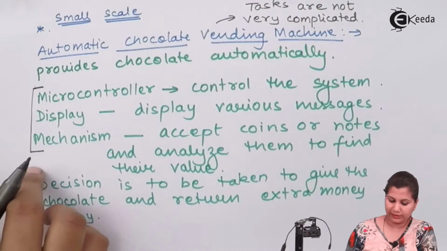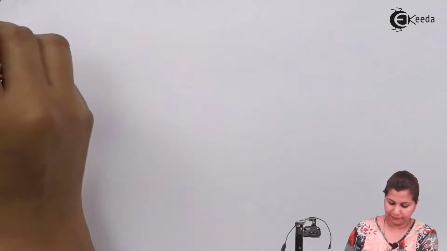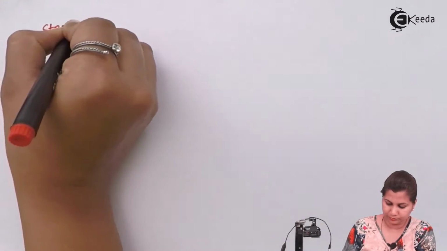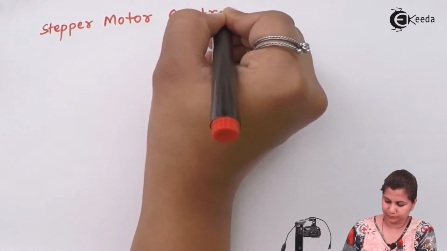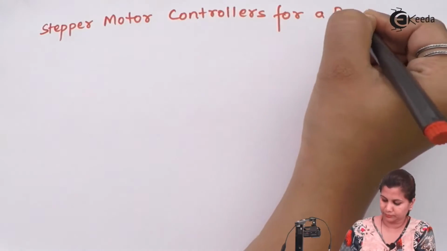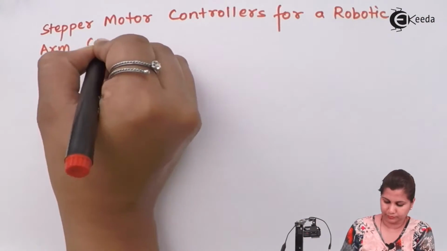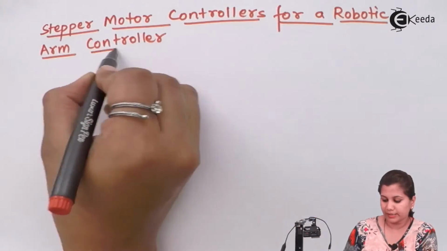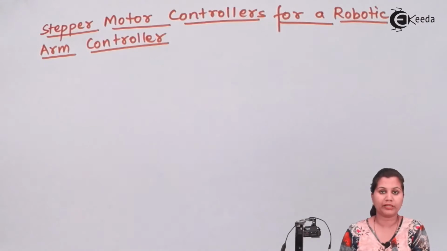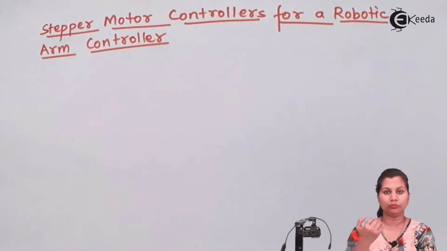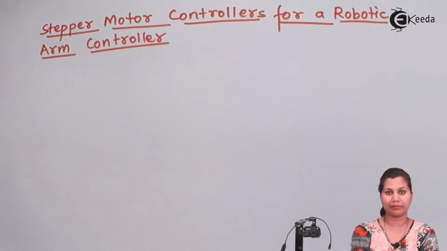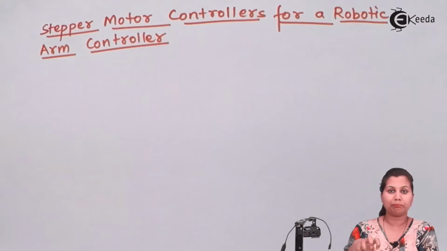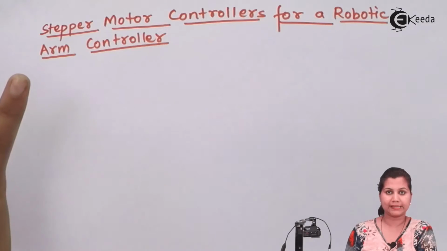Another example of a small scale embedded system is the stepper motor controller for robotic arms. The robotic arm is a system which provides the different movements of the human arm. Like the human arm, it can be bent and straightened, and it can pick and drop objects; pick and place can be done.